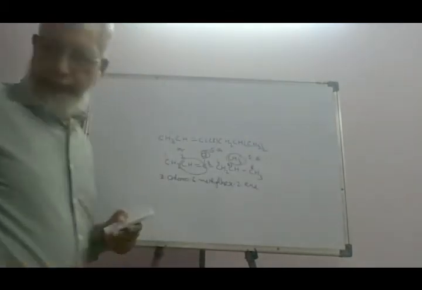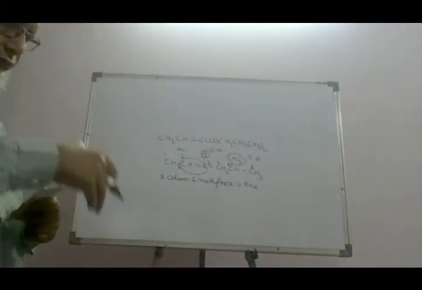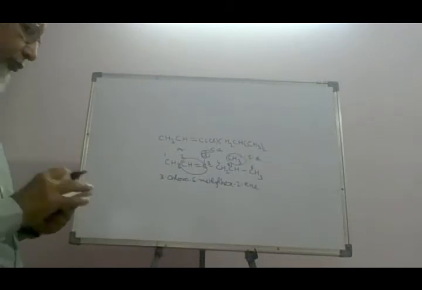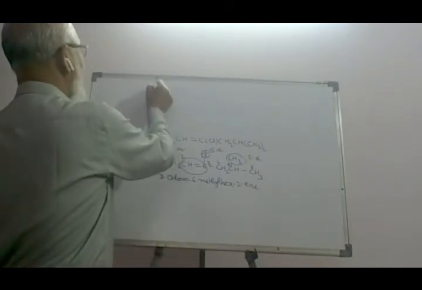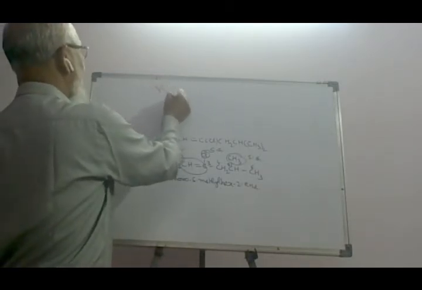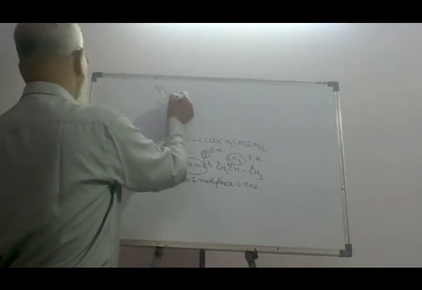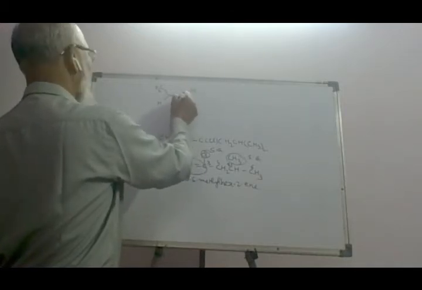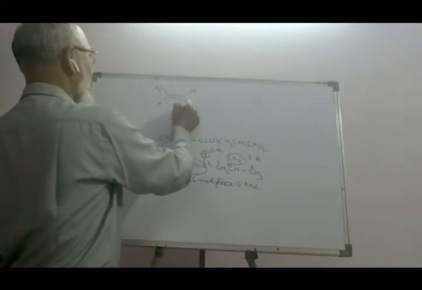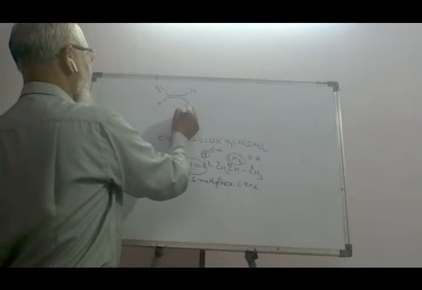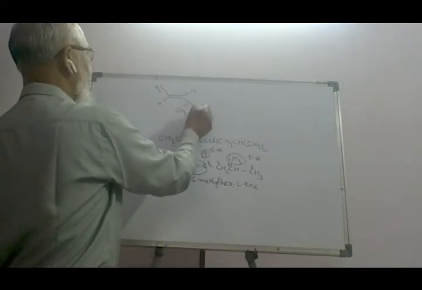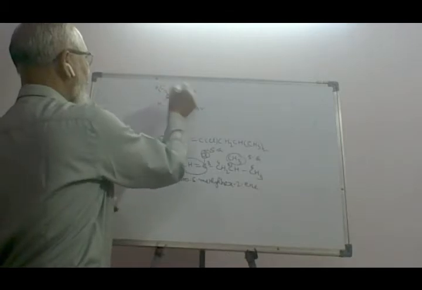Let me take more complicated examples. CH3, CH3Br. These two positions also indicate the carbon atom.